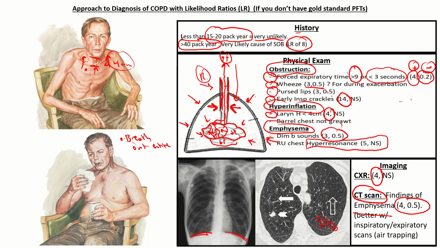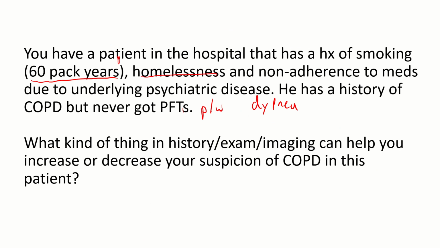So if you don't have PFTs, these are really the history, physical, and imaging ways to increase or decrease your probability that the patient has underlying COPD, which may help you as a hospitalist on admissions. For a patient with dyspnea, see if COPD or a COPD exacerbation could be contributing to their underlying disease, and don't rely solely on wheezing, because you can see wheezing in COPD, asthma, and other diseases as well.